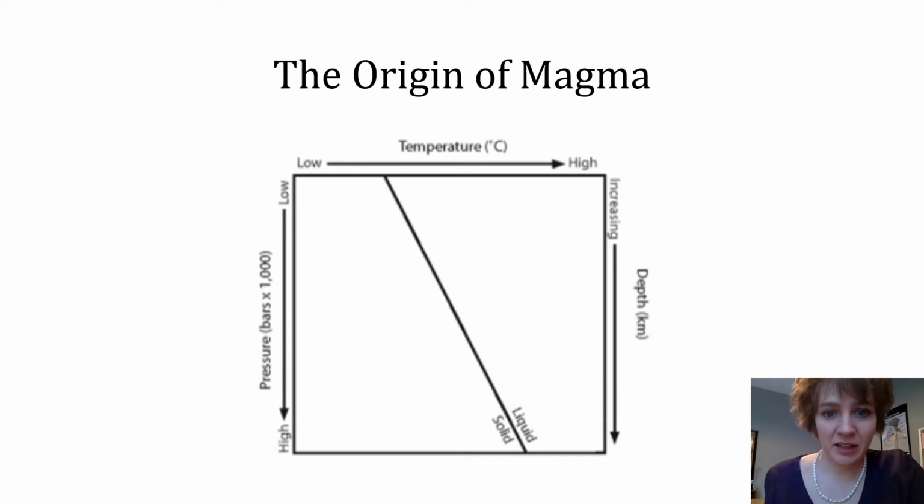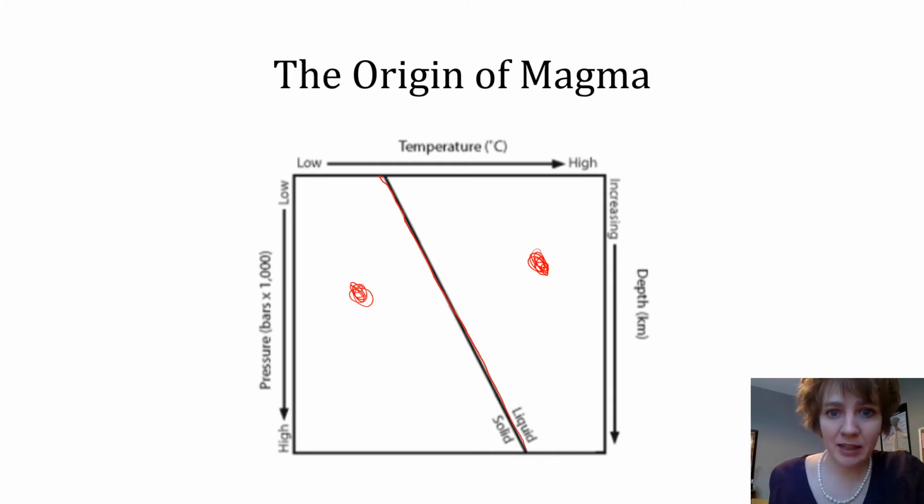The line here represents the specific pressure temperature conditions at which a rock melts. On one side, we have the PT conditions at which magma or melted rock would be created. And on the other side of the line, we have the pressure temperature conditions that would result in solid rock.